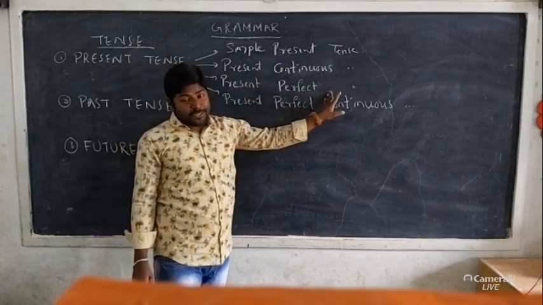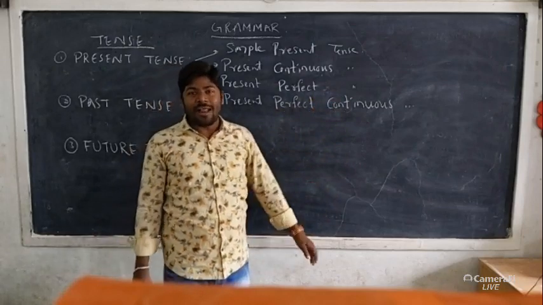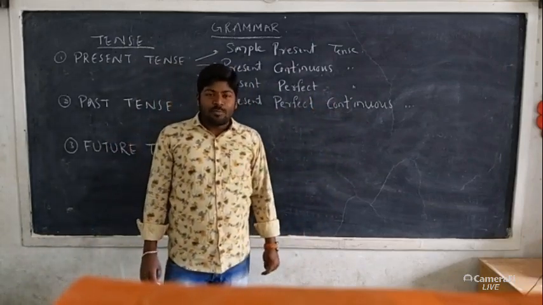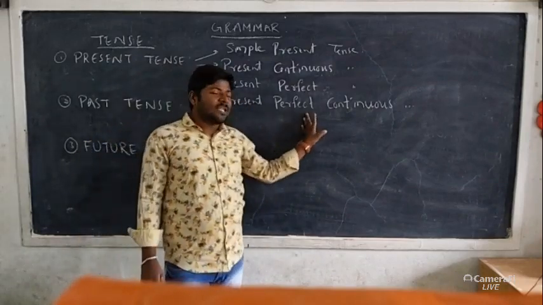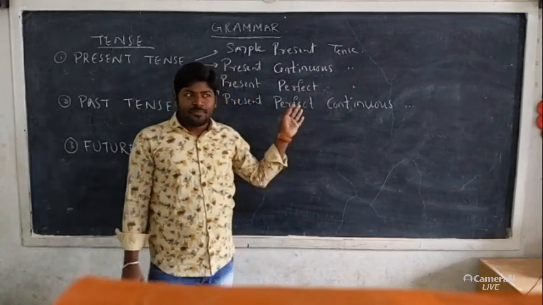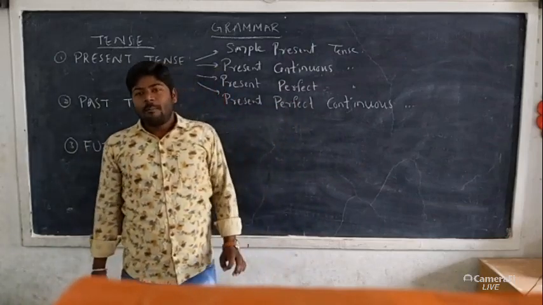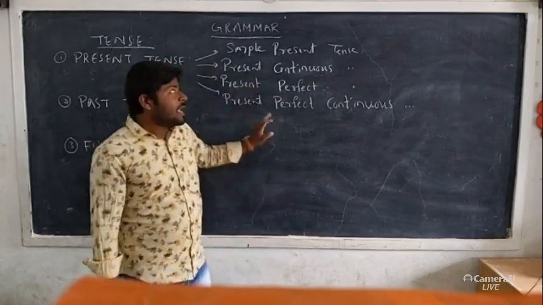Present perfect tense has the structure subject plus has, have plus third form, third verb, past participle, plus object. In the same way, present perfect continuous tense: subject plus have been or has been plus first verb in ing plus object.